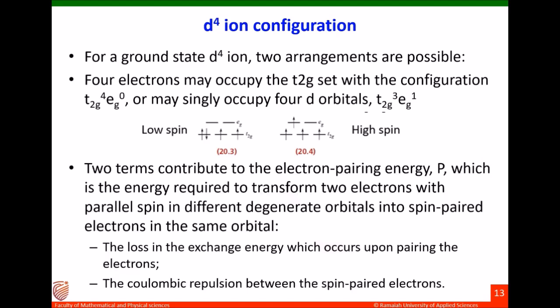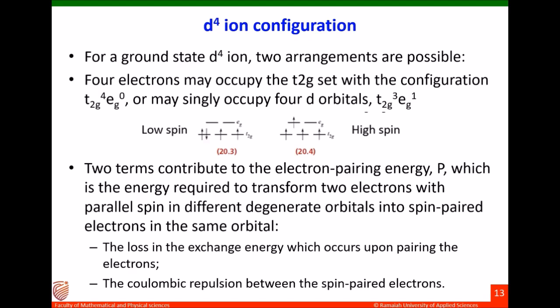If there is a forced pairing, that means all the electrons are in T2g, and it is energetically preferable to pair the fourth electron into T2g, then the electron pairing energy also comes into the picture. We call it the term P, which is the energy required to transform two electrons with a parallel spin in different degenerate orbitals into spin paired electrons in the same orbital.